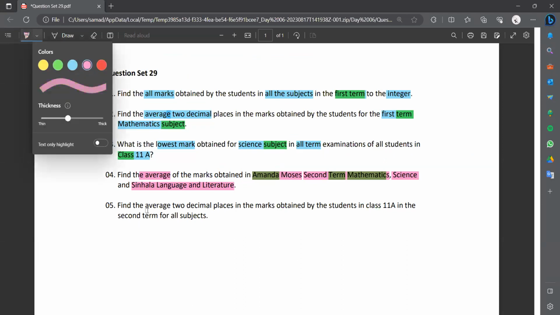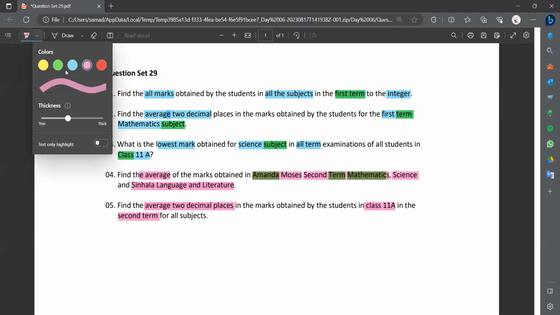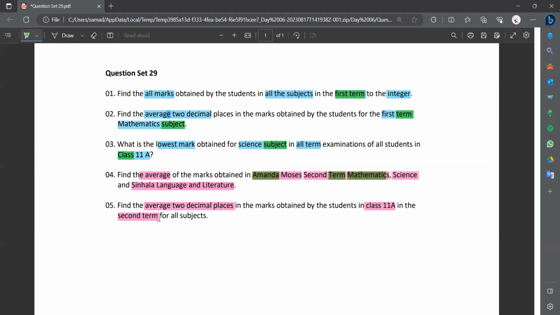Then we look at the last question. Find the average, to two decimal places, of marks obtained by students in 11A class in the second term for all subjects. For all subjects, then we don't need the subject table. We need only the class table and term table. Average to two decimal places.